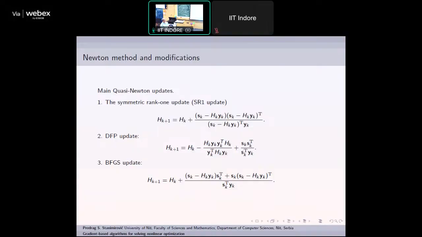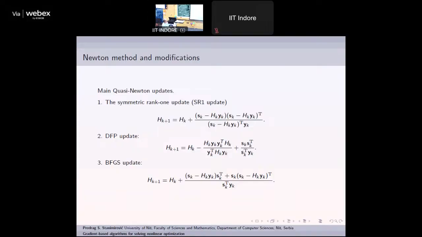Another rule in quasi-Newton modifications is to use low order approximations. I mention here only 3 quasi-Newton updates. In the literature, we can find a great number of different quasi-Newton updates.